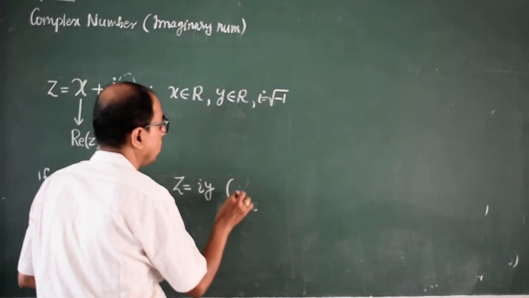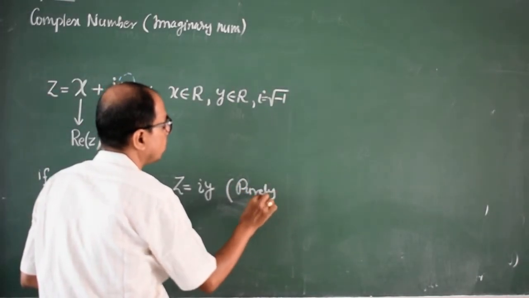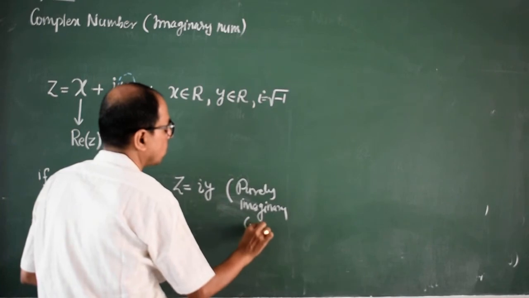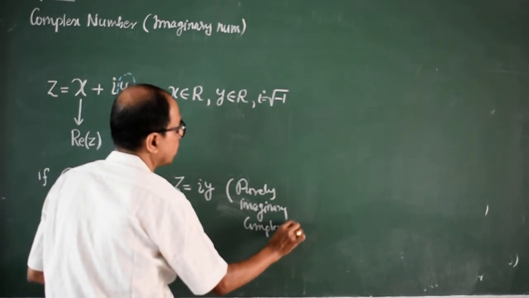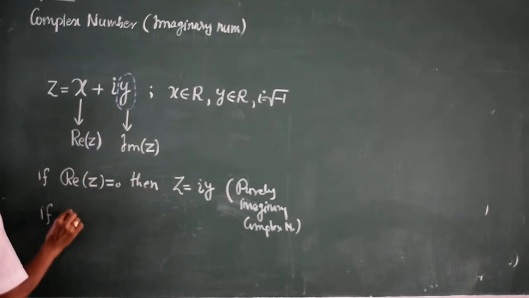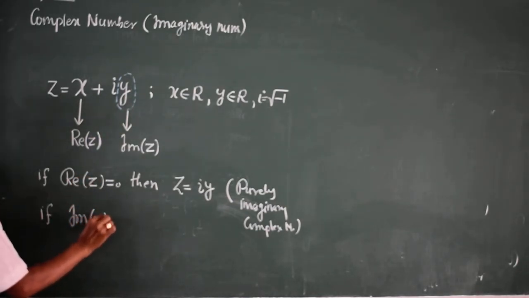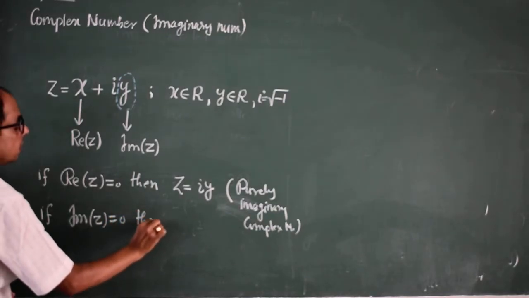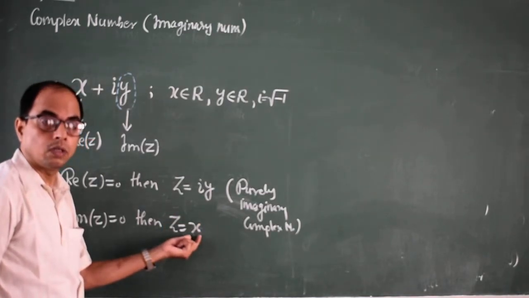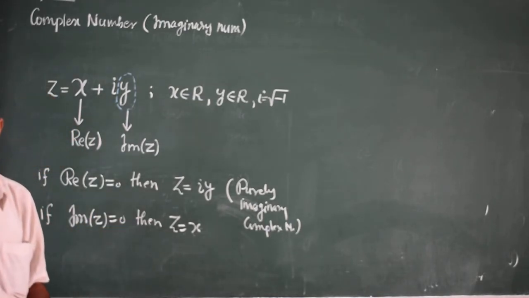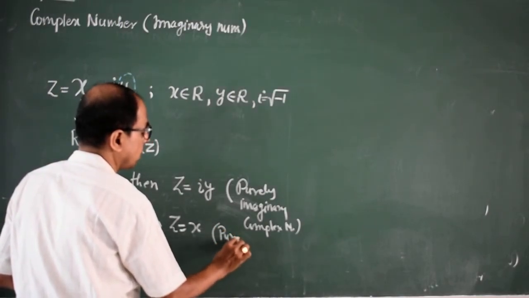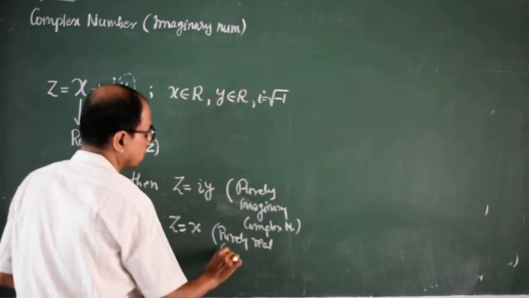This type of complex number is also given a special name, and it is called a purely imaginary complex number.